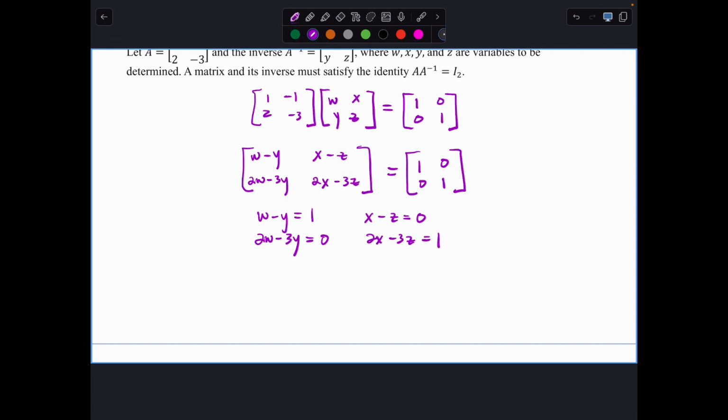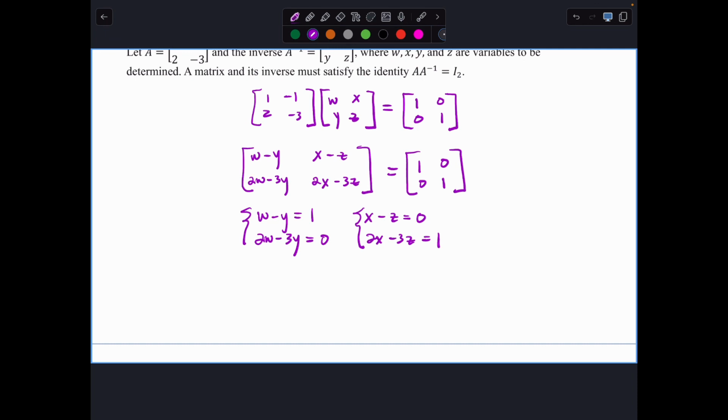Four equations, four variables. So that's that. Well, but are all four equations in the same variables? Haven't we actually just created two systems? Two equations, two variables each.